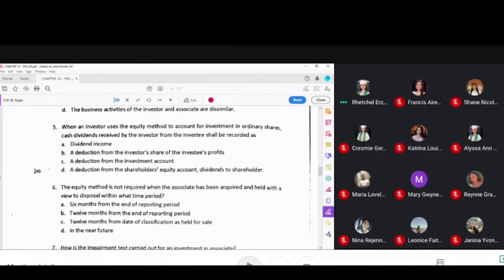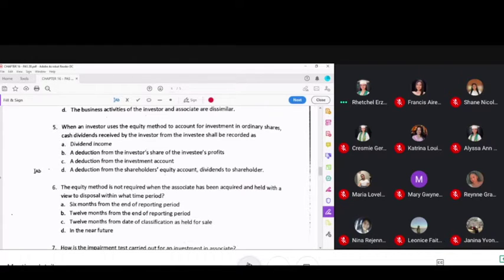So how much is your share in the profit of the associate? It would be 20% of 100,000. How much is 20% of 100,000? 20,000. So the 20,000 will be added to the investment in associate account. So every time the associate reports a profit, the investment in associate will also be increased by the amount of your share in the profit.